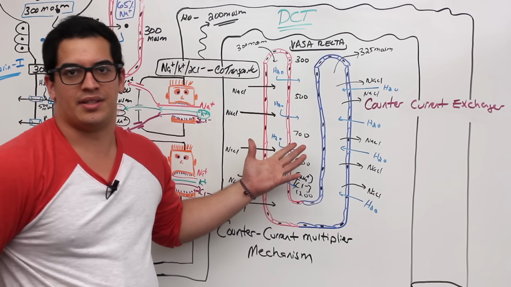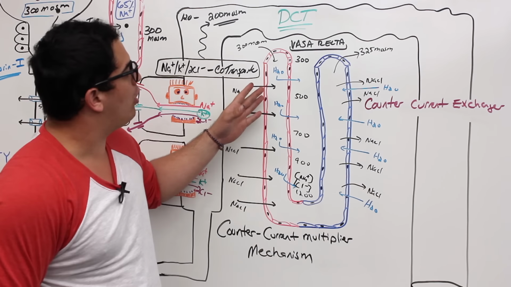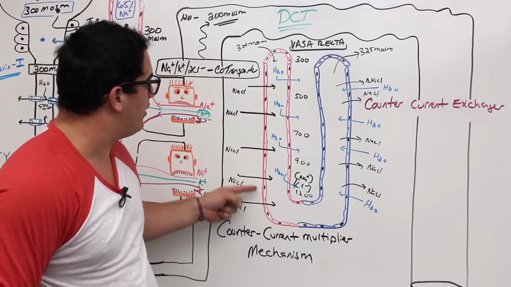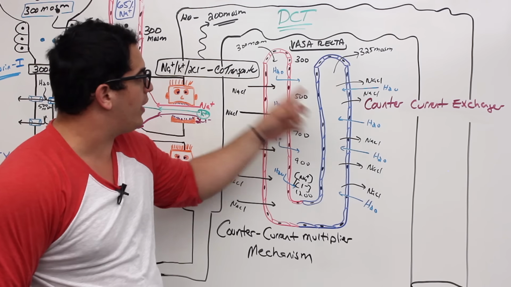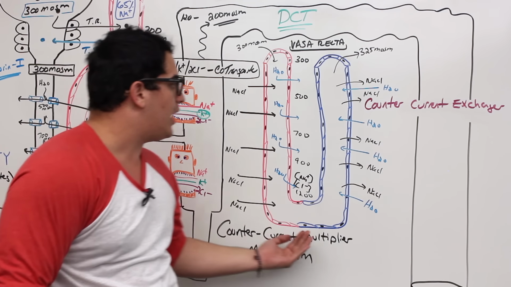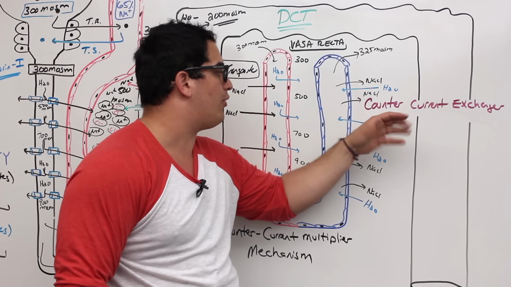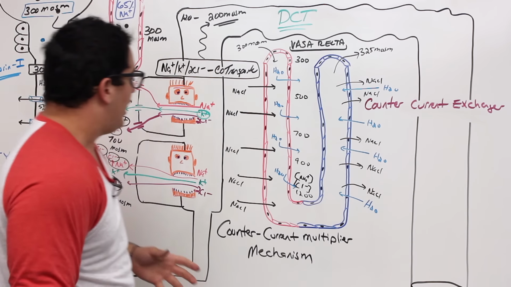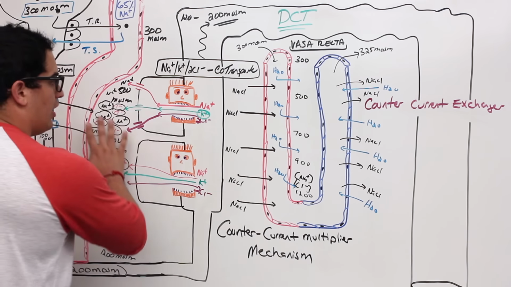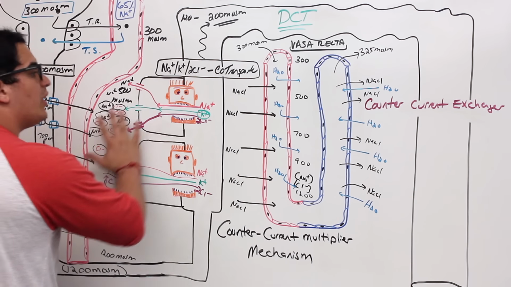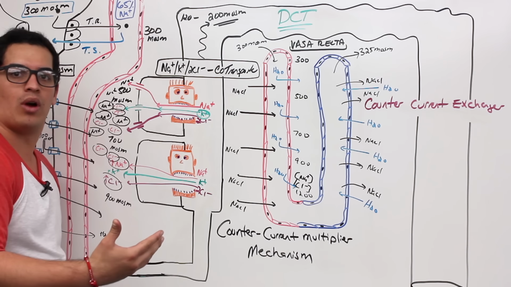What is the significance of this? The whole purpose of having the salt going in and the water going out, going down the VasoRecta, and then the exact opposite occurring, going up the VasoRecta where it's pushing the salt out and bringing the water in, is because, imagine this. Let's imagine all this area right here. It's really, really salty, a lot of sodium, a lot of chloride.